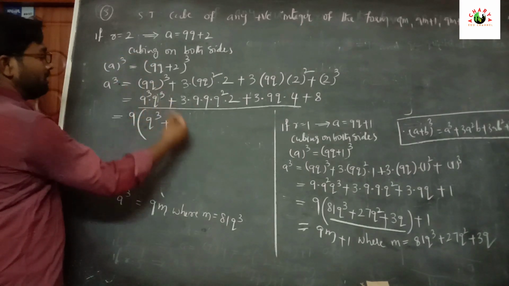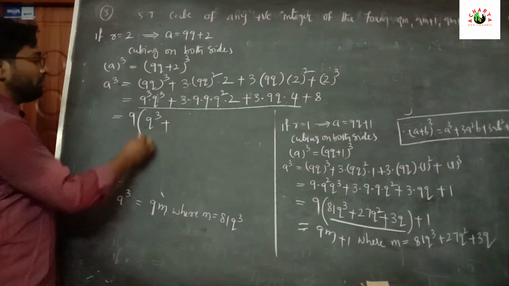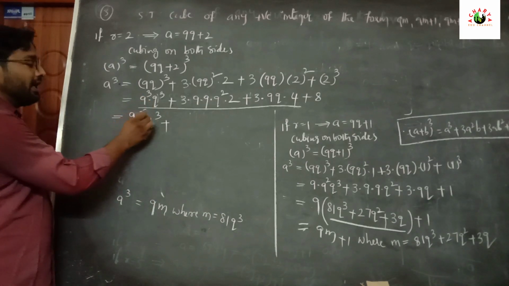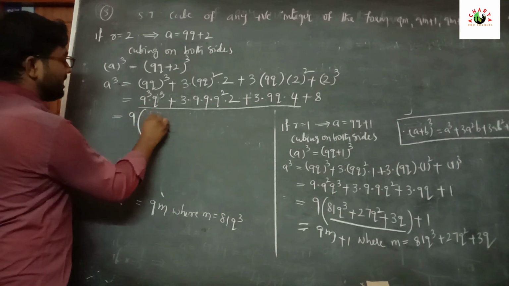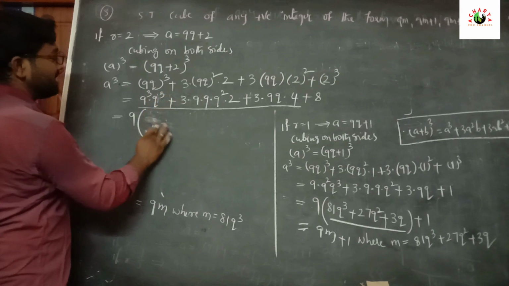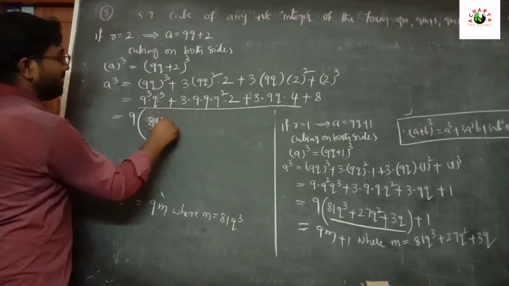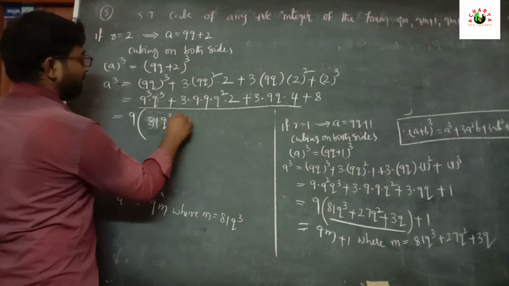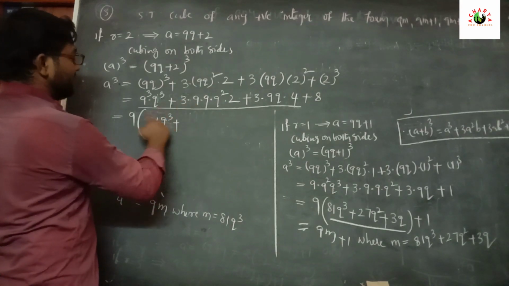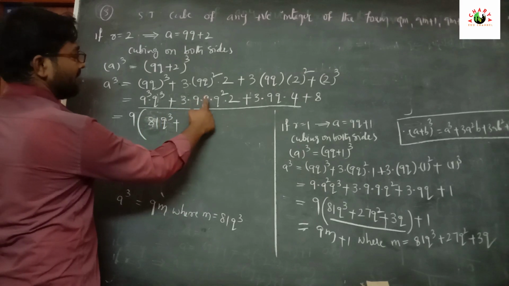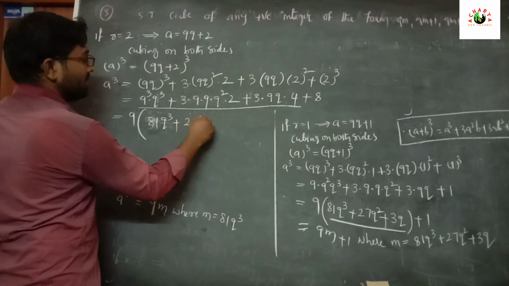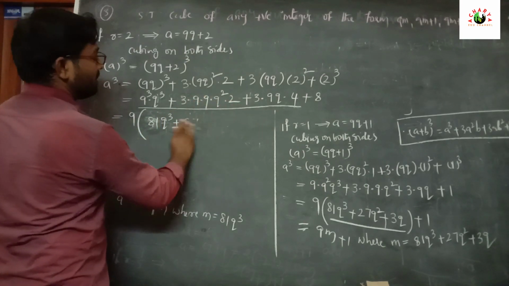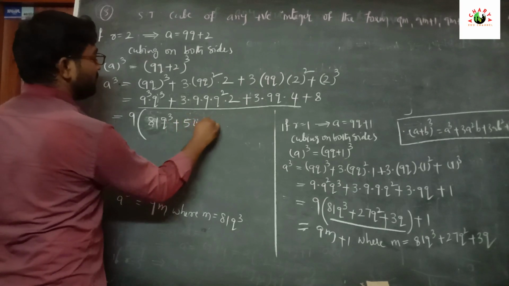If you take common 9, the remaining term is 9 square q cube. The 9 square value is 81, so 81 q cube. Plus, here taking 9 common, the remaining terms are 9 and 3. 9 threes are 27, 27 twos are 54, so 54 q square.